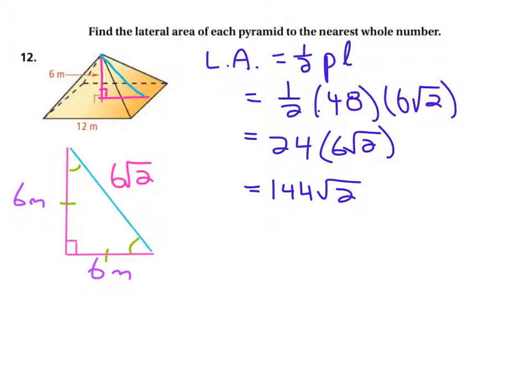Root 2, which you can skip one or two of these steps if you want to and just multiply that 144 times the square root of 2 and get 203.64, or approximately equal to 204 meters squared. And that's what you get for an answer. Let's do the rest.